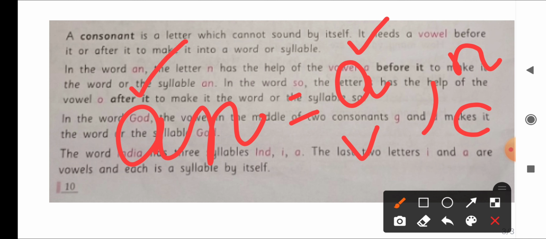So before the consonant we used a letter of vowel to make it a complete word. So an is a word as well as a syllable.